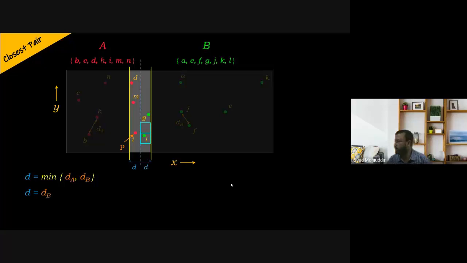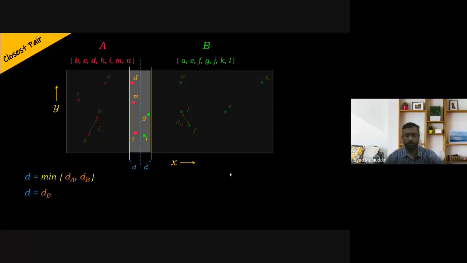So we found a closest pair which is closer than J and F, that is, closer than the distance dB. So this is how the closest pair algorithm works.